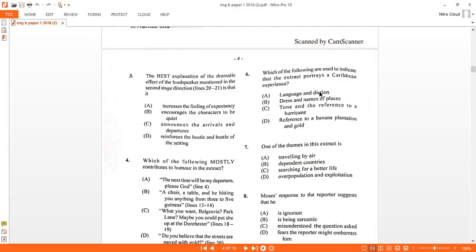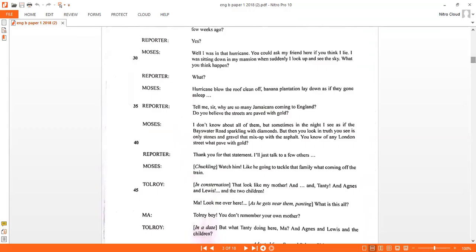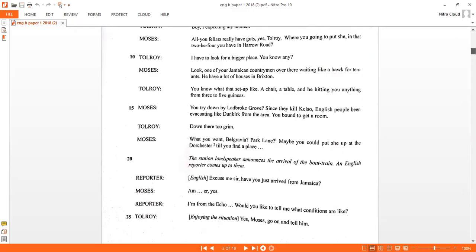Process of elimination, we see language and diction. We see the language. We see the "I, Tolroy." We see the "2x4." What else do we see?